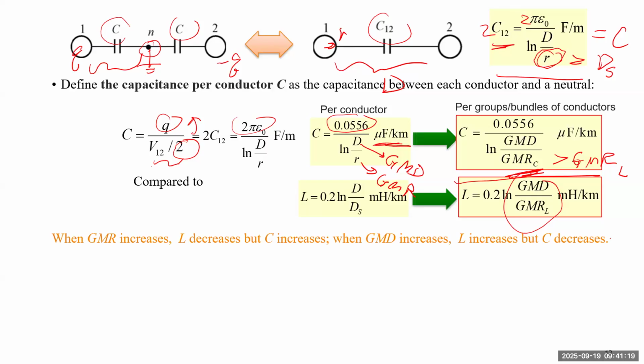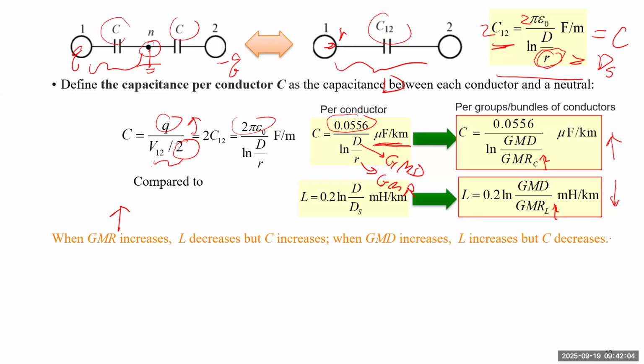If the GMR increases, it doesn't matter whether it's GMRL or GMRC, finally it's just the average radius among the conductors of the same group increasing. For the inductance, L will decrease and C will increase. So if you have a bigger conductor, the capacitance will increase, but the inductance will decrease.